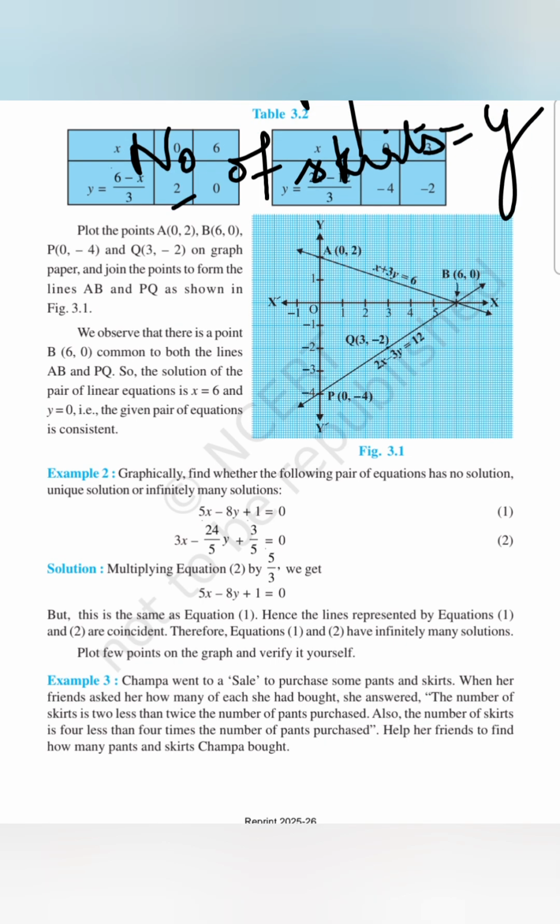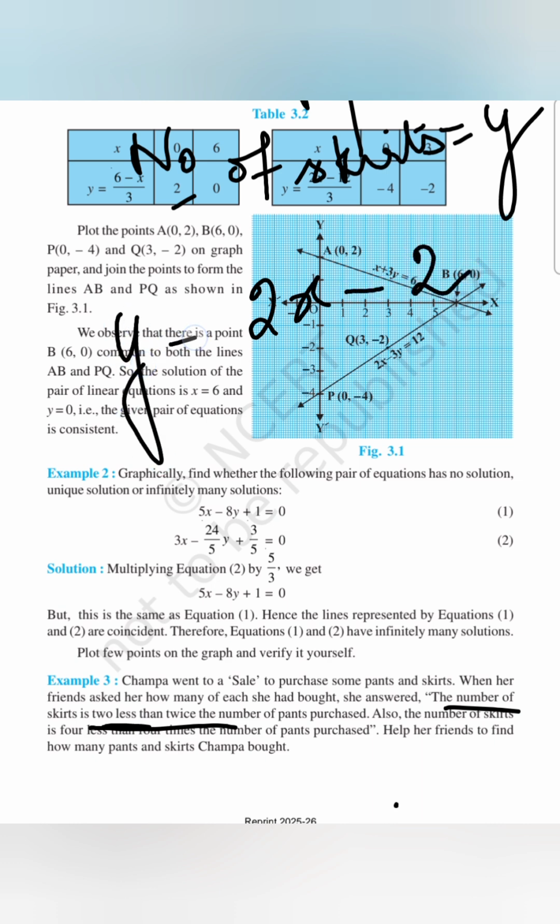Now according to the question, the number of skirts is 2 less than twice the number of pants purchased. So twice the number of pants is 2x. 2 less than twice the number of pants, so minus 2, that is equal to the number of skirts, so y.